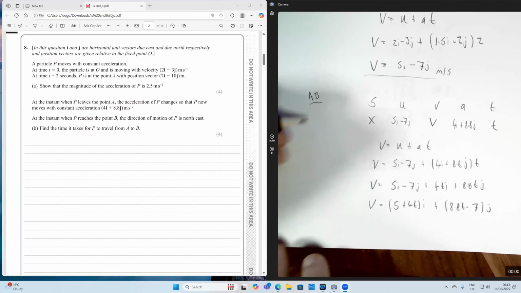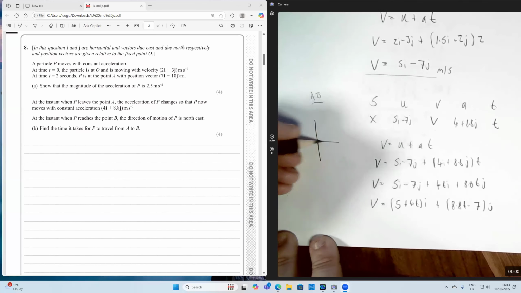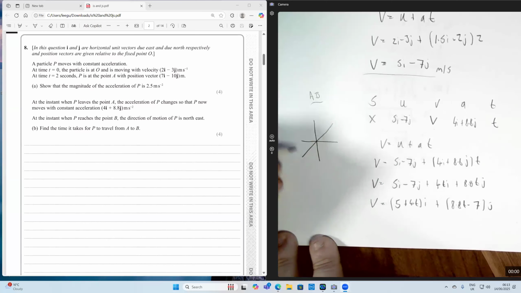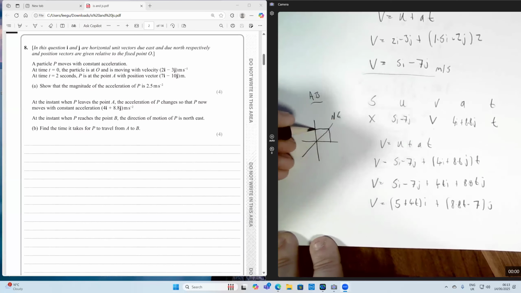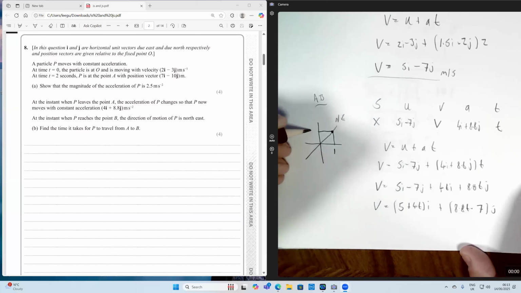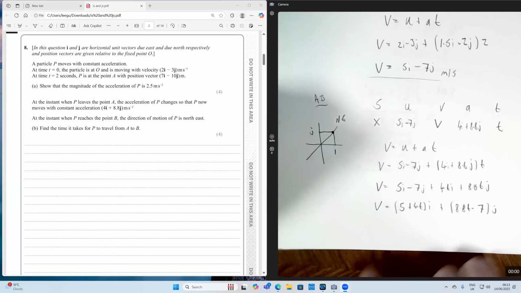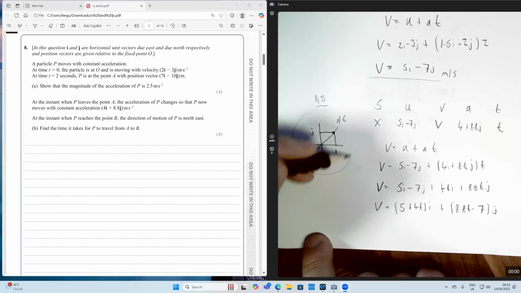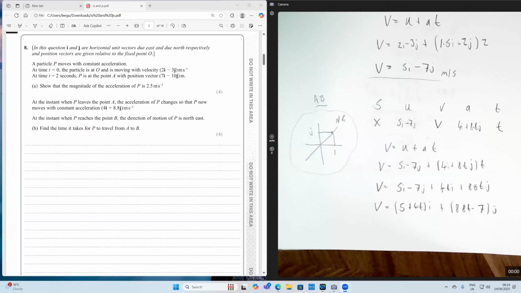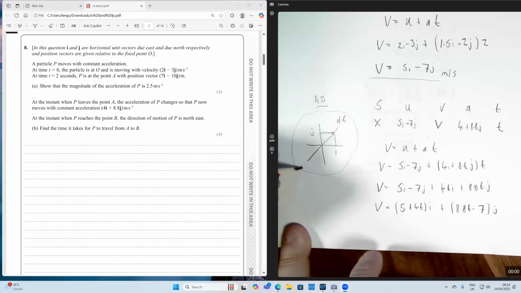Now here's the crux, the most important idea in this question. They're telling us that it's moving in a northeasterly direction at the point when it reaches B. Now, if it's moving northeast, it means that at that moment, the i and the j components must be equal to each other. That's the key idea, because it's lying along the line y equals x.